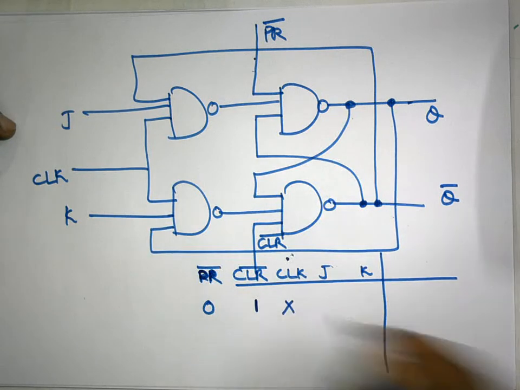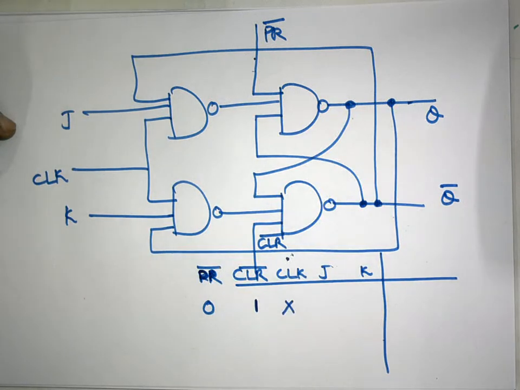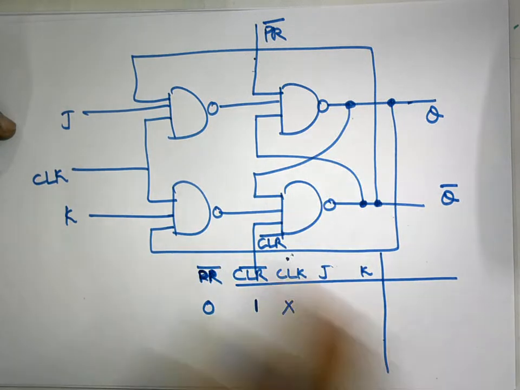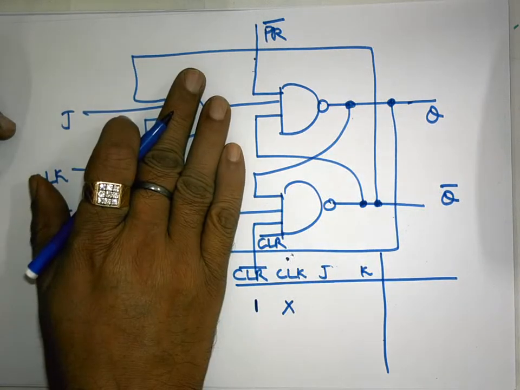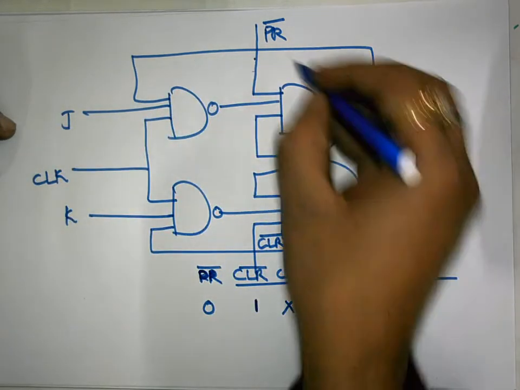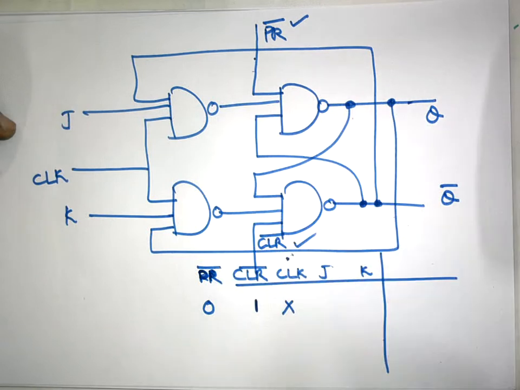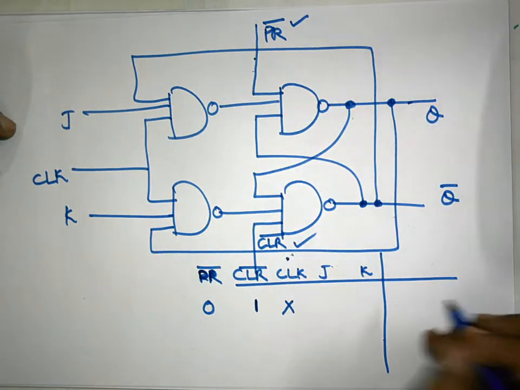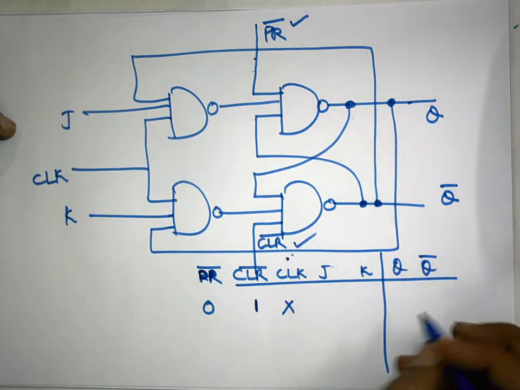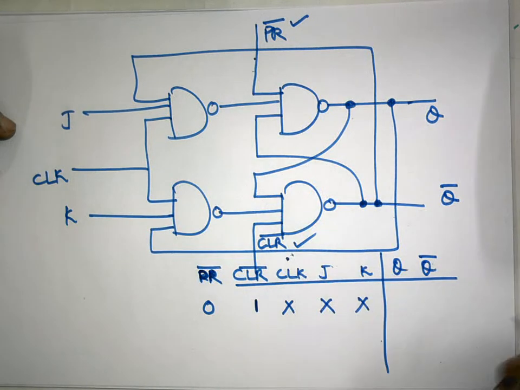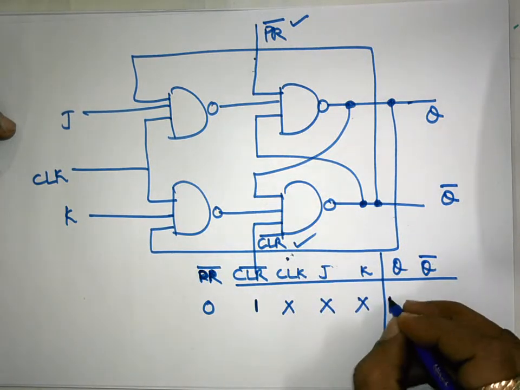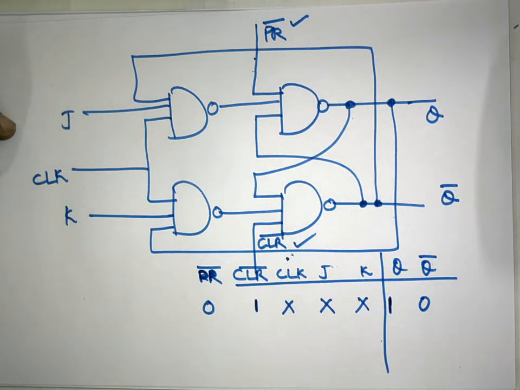Whatever appears at the clock, this is not going to make any decision for the output which is imposed by this preset and clear condition. This Q and Q bar, whatever appears at J and K, it is also not going to make any harm. This Q and Q bar will be equal to 1 and 0. Getting this thing?